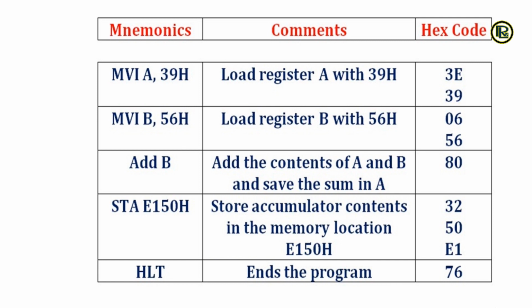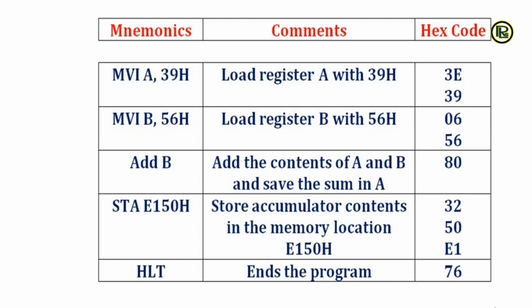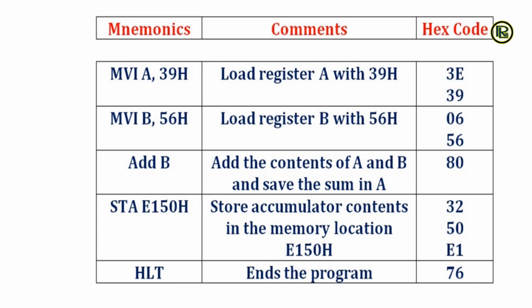The purpose of this mnemonic is to load register A with the hexadecimal number 39. The second mnemonic is MVI B, 56H. That means we have to load register B with hexadecimal number 56. Then the third mnemonic is ADD B. What does it do? This mnemonic adds the contents of A and B and saves the sum in register A. And finally the mnemonic STA E150H.